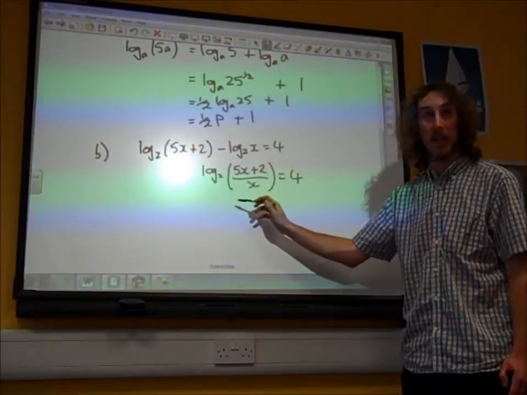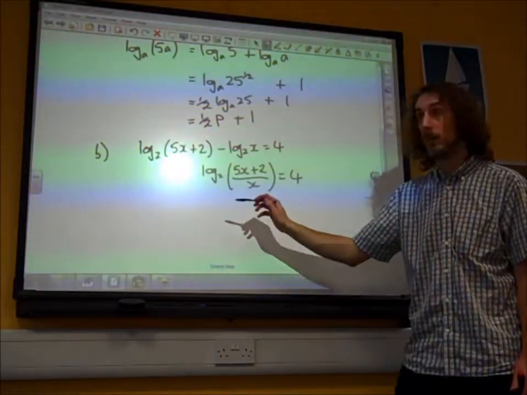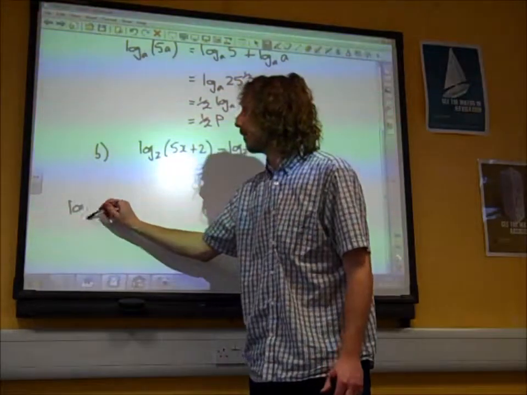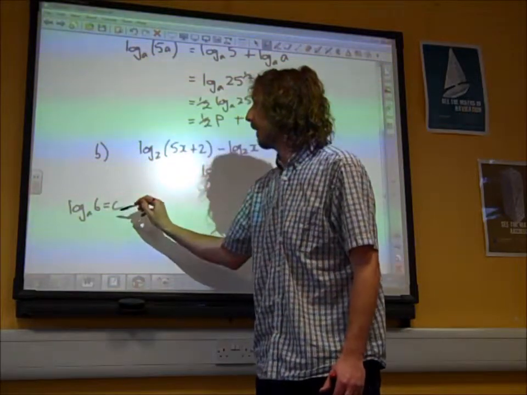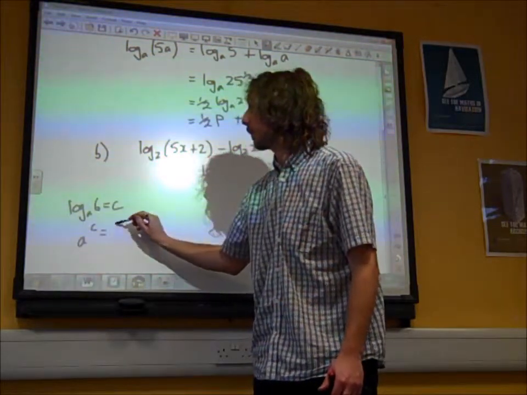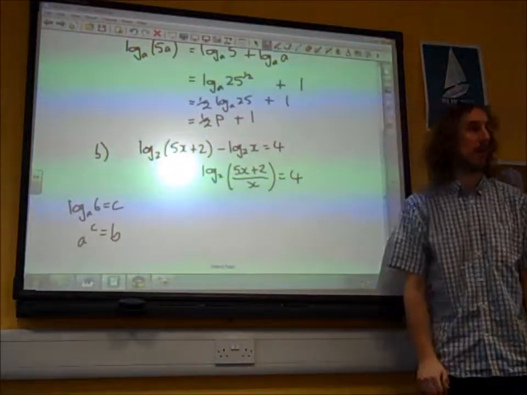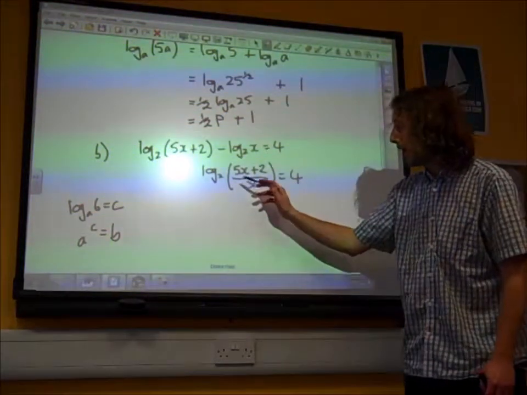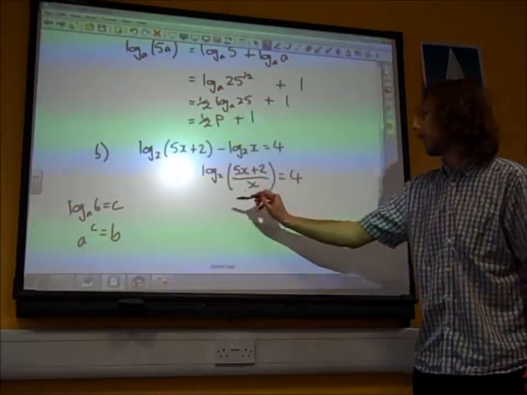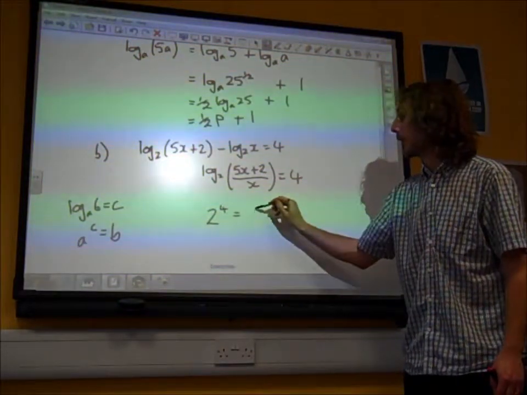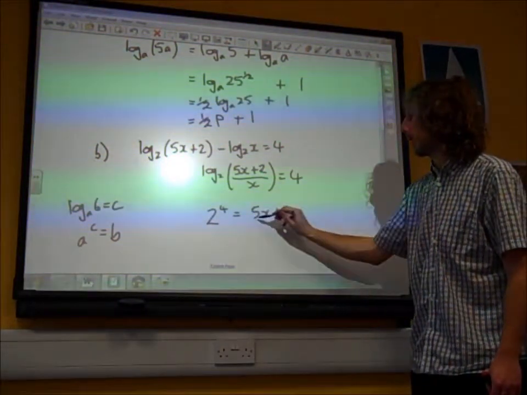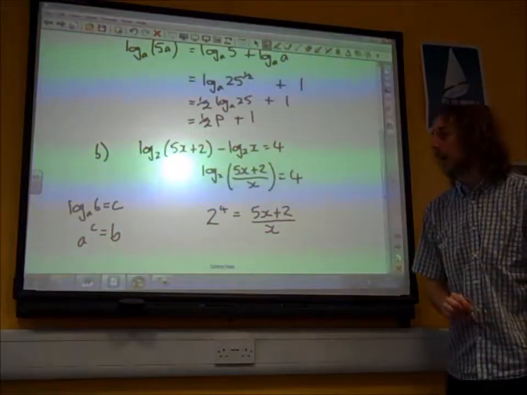So this now says, remember that law of logarithms we wrote down? We said that log base a of b equals c means the same as a to the c equals b. Those two statements are equivalent. So here we've got 2 to the 4 equals 5x plus 2 over x.